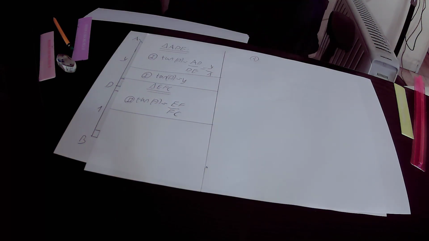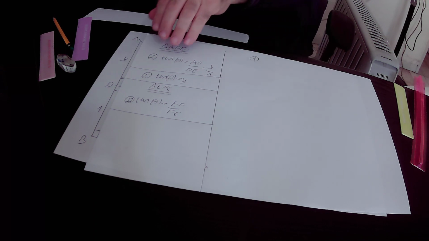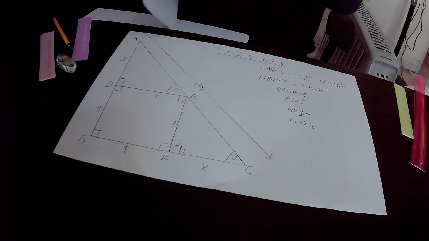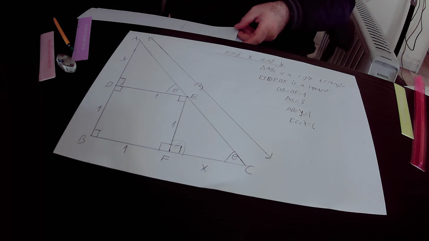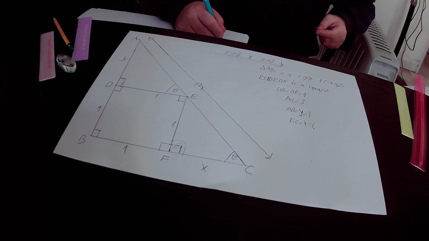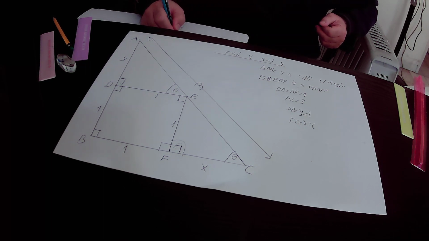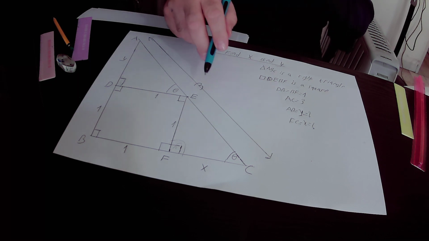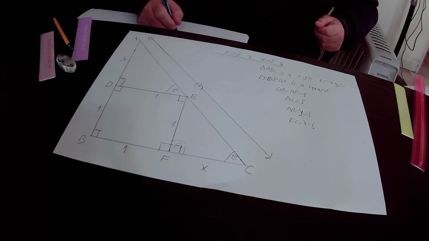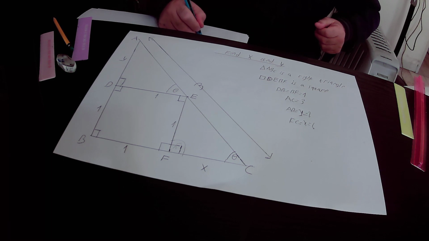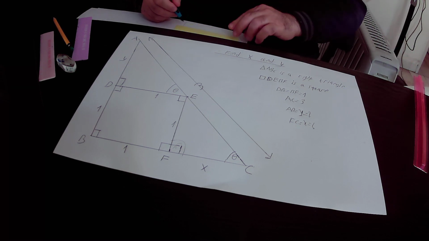According to equation number 2, in the right triangle, triangle EFC, tangent theta equals EF over FC. That is to say, tangent theta, and we know that EF equals 1, and FC equals x, it is given to us in the question. So in conclusion, according to equation number 2, tangent theta equals 1 over x.